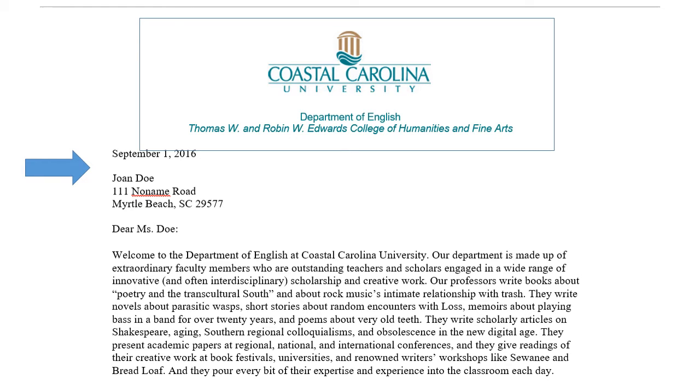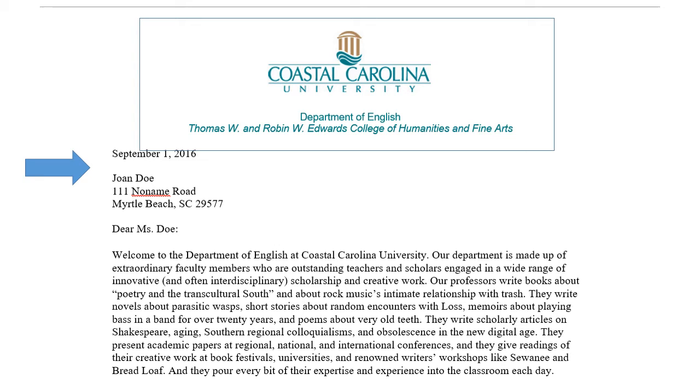A letter also has a date with the month written out, not with the numbers. Not 9/1/2016, but September 1st, 2016, because 9/1 is September 1st in America, but everywhere else in the world it's January 9th.